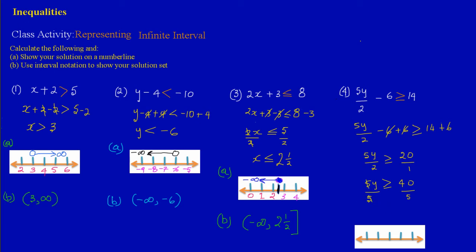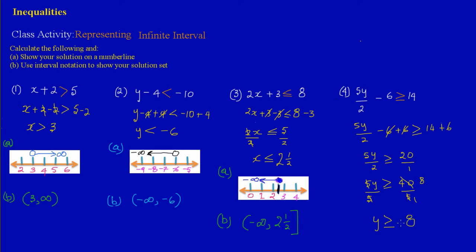So let me just move this down a bit because I may need a little bit more space to work with. So here, really what we have left is y is greater than or equal to 40 divided by 5. 5 into 40 goes 8 times.